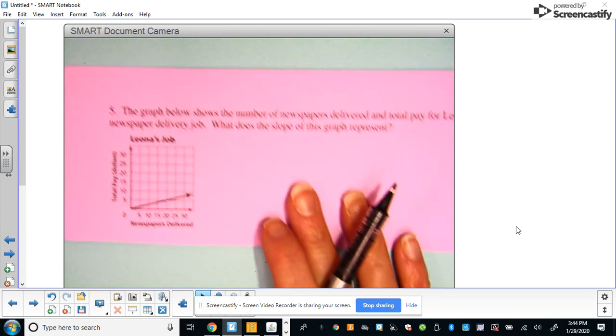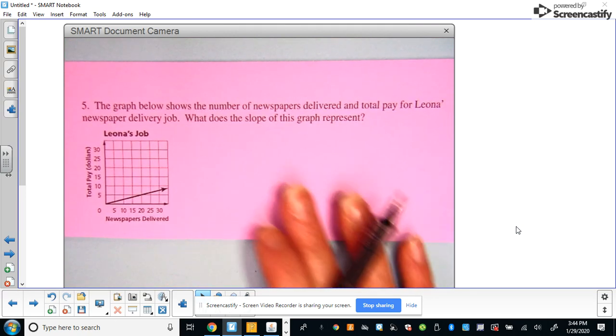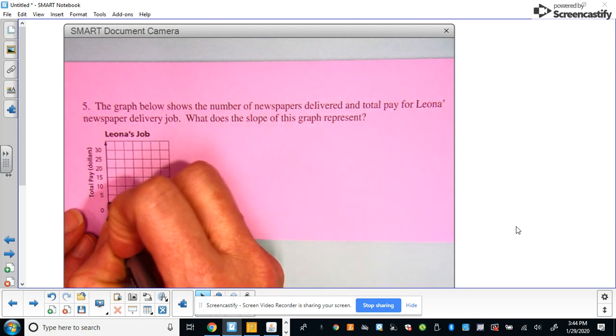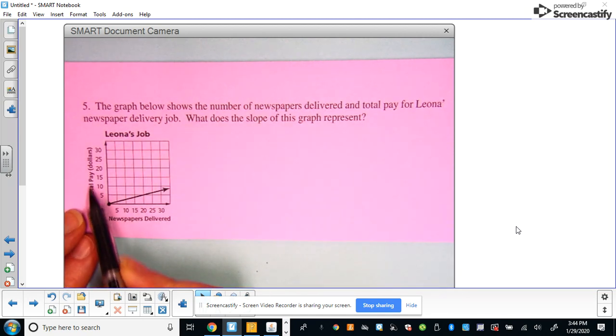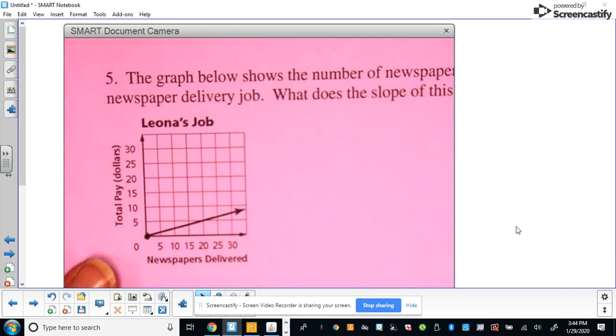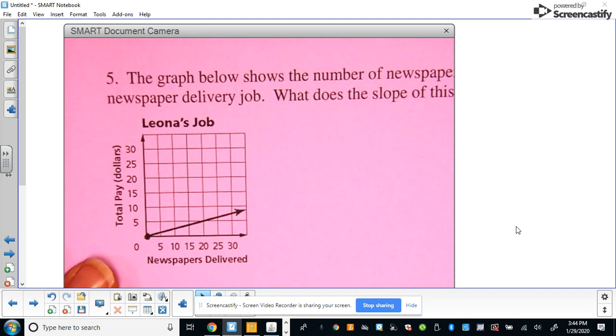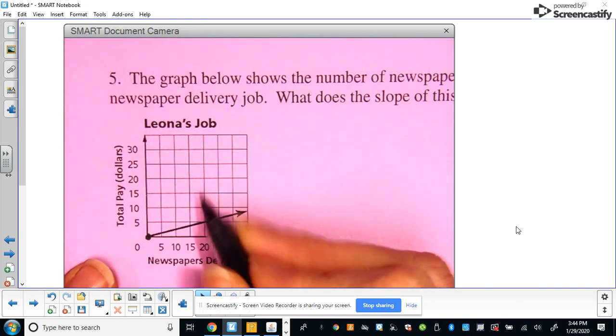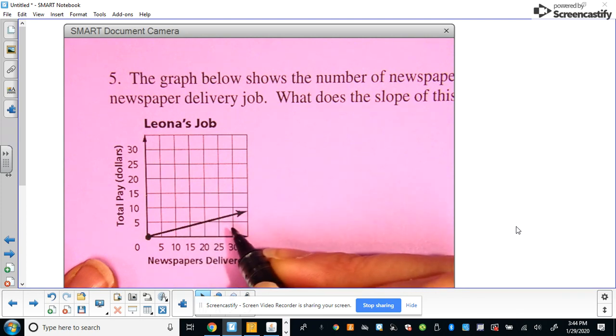Now here we have a graph. It says the graph below shows the number of newspapers delivered and the total pay for Leona's newspaper delivery job. What does the slope of this graph represent? First of all, if she starts at 0, she gets no pay for 0 newspapers delivered. To find the slope, we need what I call a crosshair, somewhere where the line touches both the x and y variables.